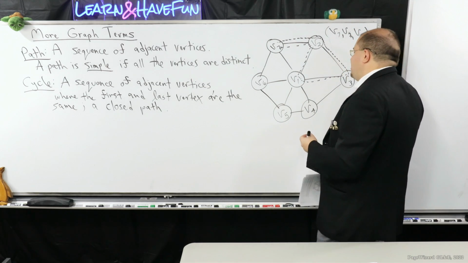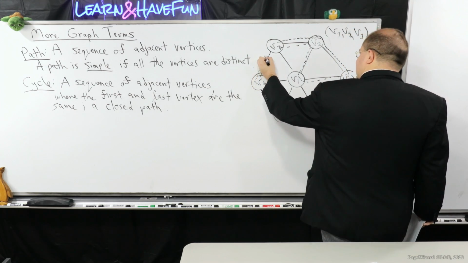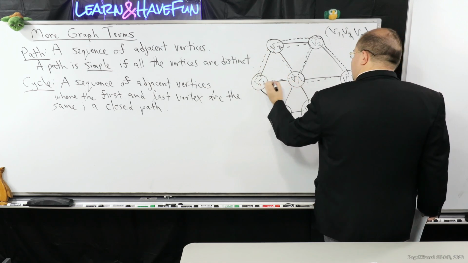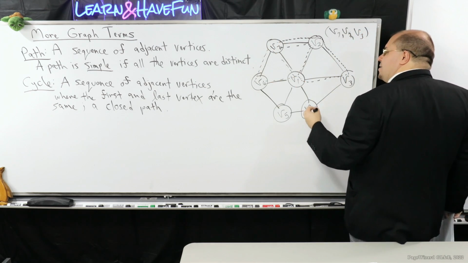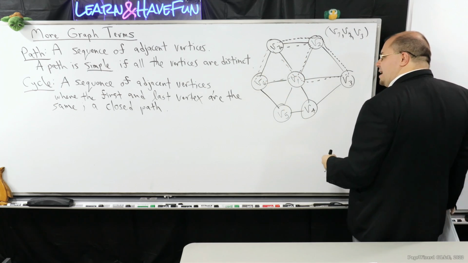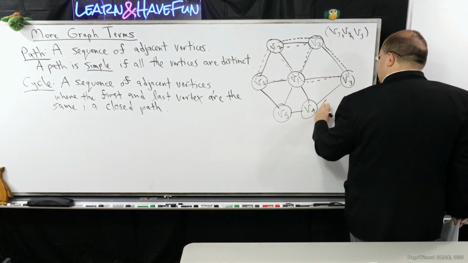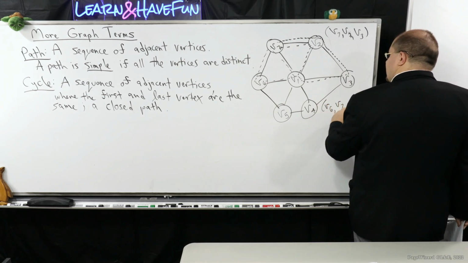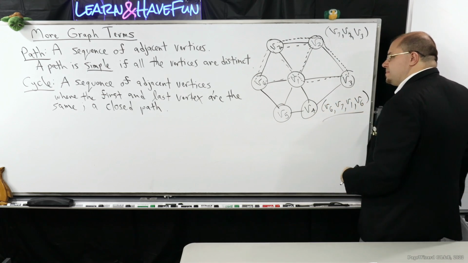So for example, let's consider going from V6. Let's go V6, V7, V1, V6. This is a cycle, right? It's a path, but notice the start and end are the exact same vertex. So in this case, V6, V7, V1, V6, this is a cycle.